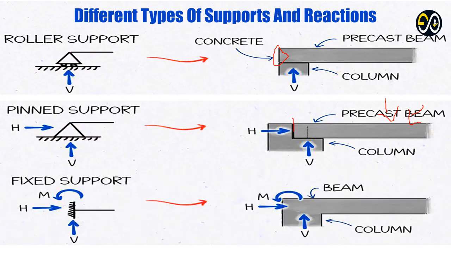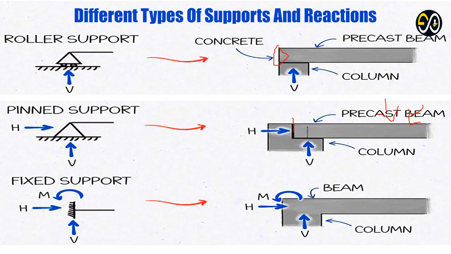Then there is the fixed support. So in this case, the beam is integrated with the column. It is not placed, it is integrated. So the vertical movement is restricted, the horizontal movement is restricted, and one more thing, even the tilting motion is also restricted.